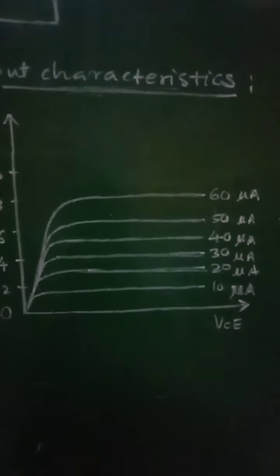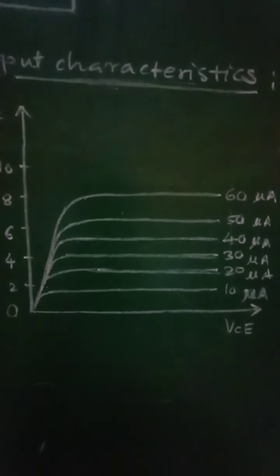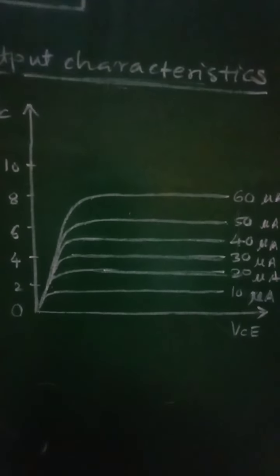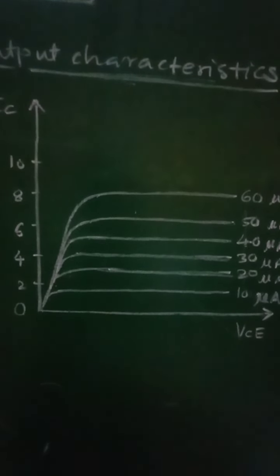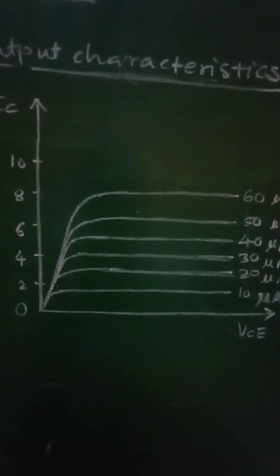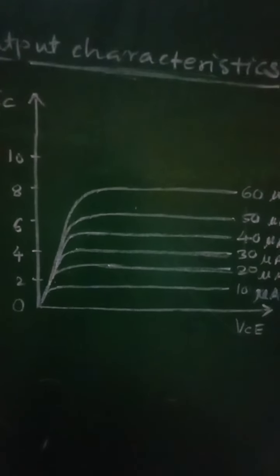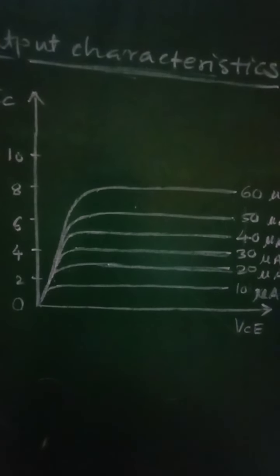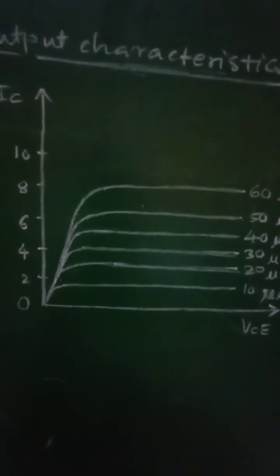Now in this case again, the output dynamic resistance RO of a transistor is defined as the ratio of the change in the collector emitter voltage VCE to the change in the collector current IC for constant base current IB.